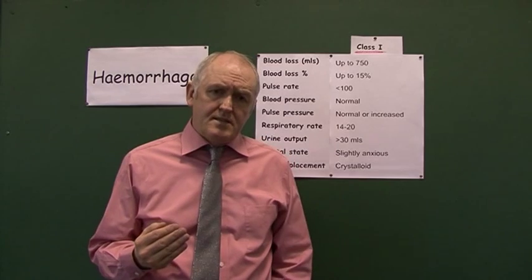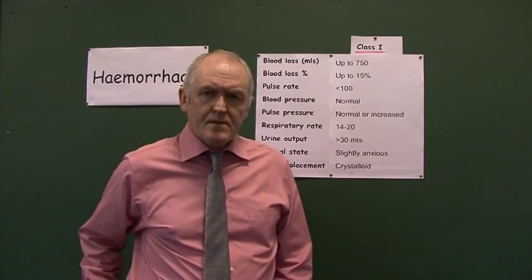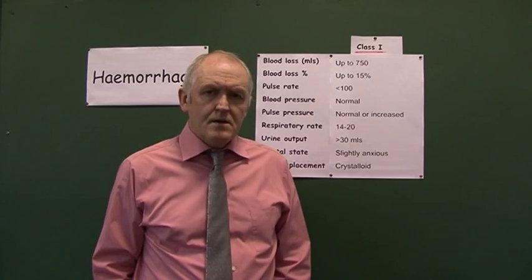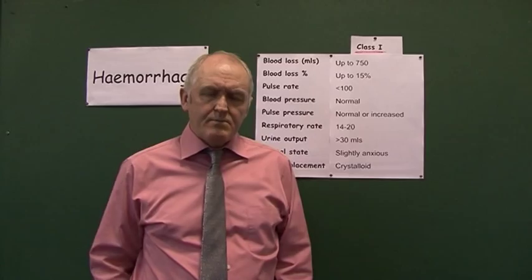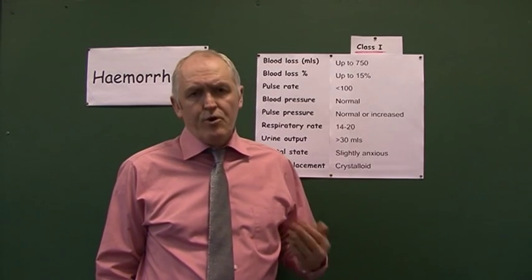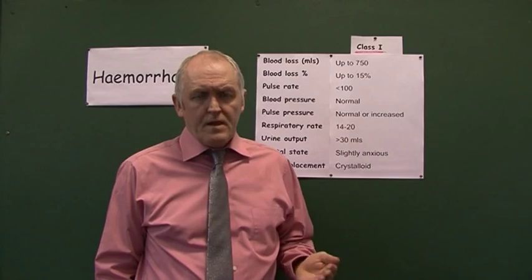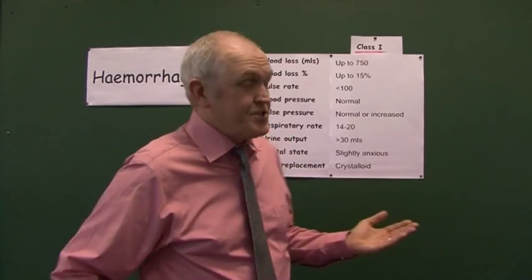That's an important indicator. We're going to look at respiratory rate, urine output, mental state as a proxy for how well the brain is being perfused with blood, and we're going to look at the implications of that for fluid replacement.